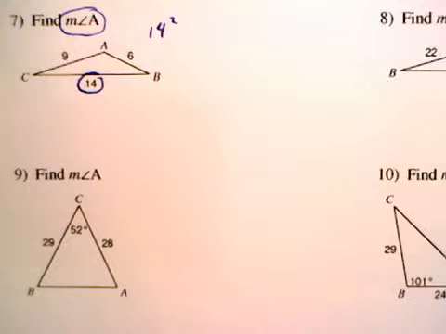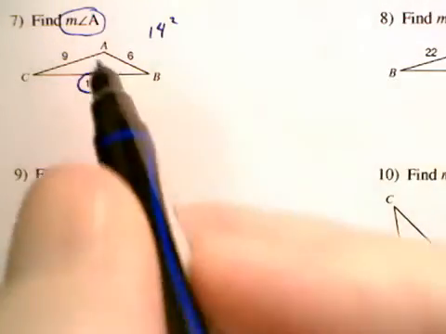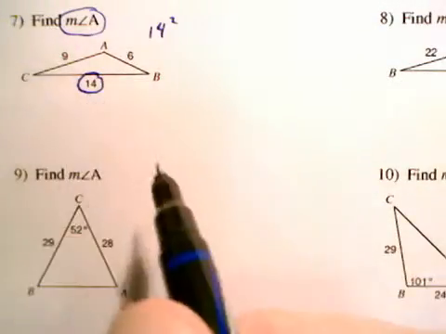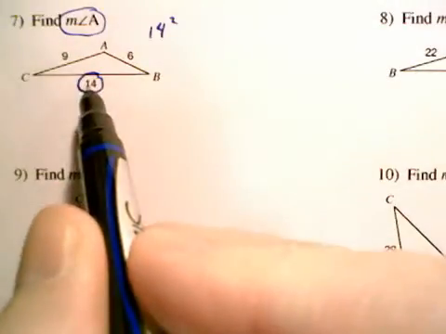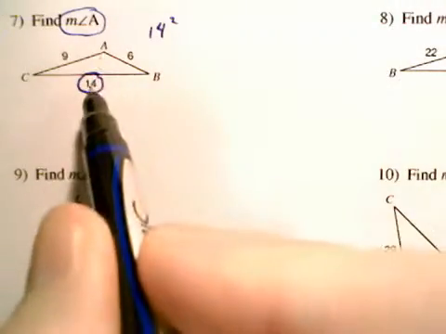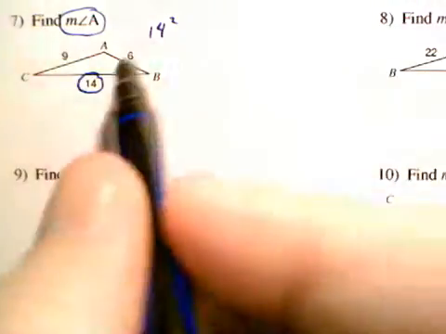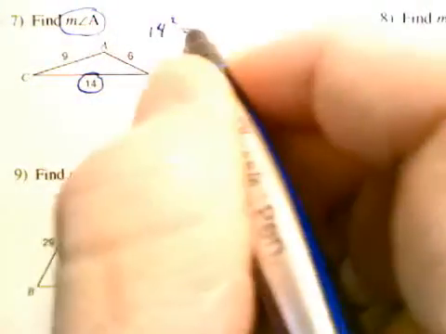It takes maybe 15 seconds longer to do the problem without the formula, and it's one less formula to memorize. So if you're trying to find the measure of angle A and you have 3 sides, just start with the side opposite angle A, because you're going to have the cosine of A in there at some point.